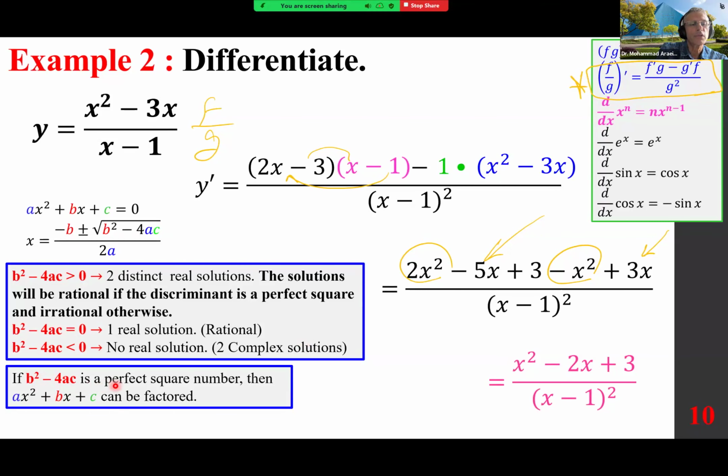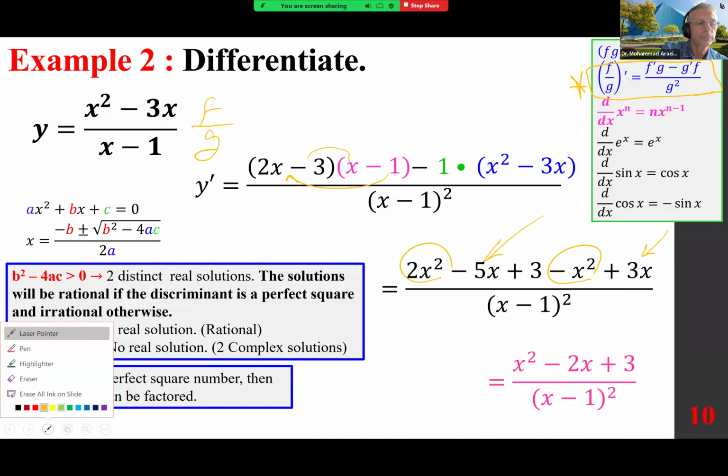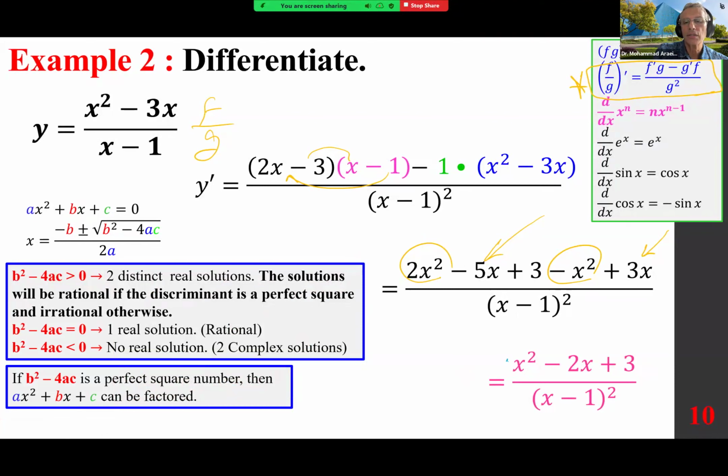If b squared minus 4ac is a perfect square, then ax squared plus bx plus c can be factored. That's the key. Can we factor this? Well, as you can see, this is 1x squared. That means a is 1, b is negative 2, c is positive 3.